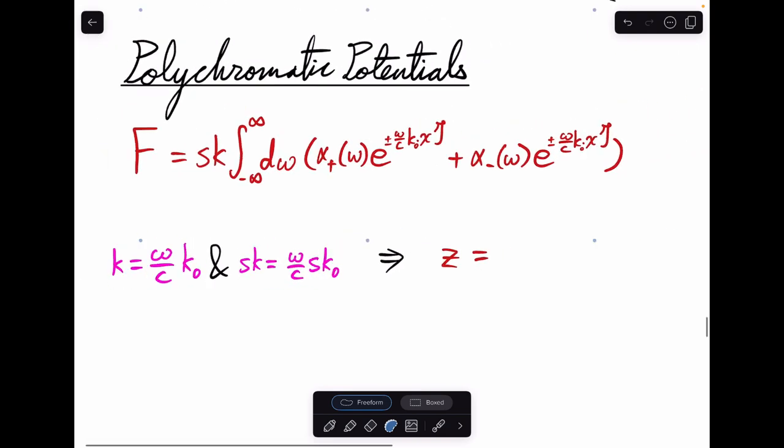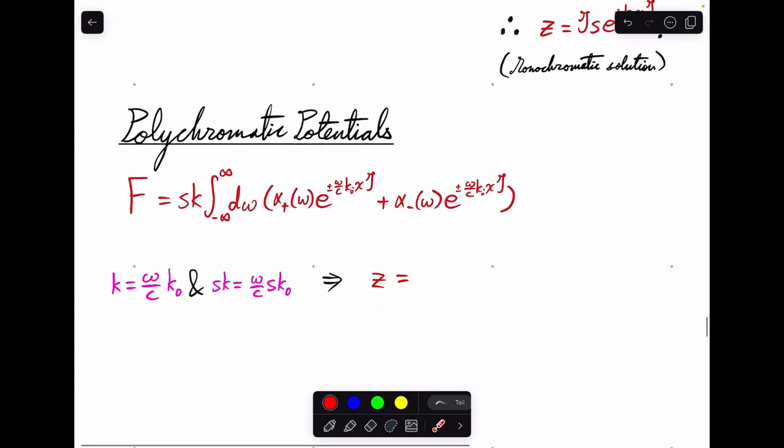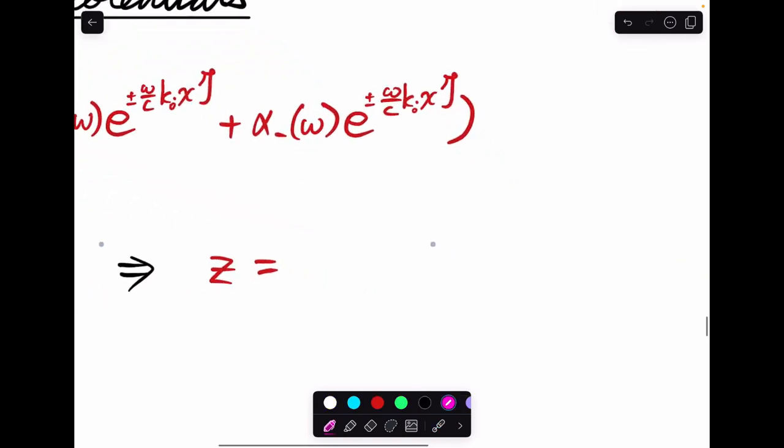And so for a similar reason, except now we're differentiating and we're doing things explicitly with omega over c, there's going to be a factor of omega over c that's going to cancel out here. It's going to end up with I s.